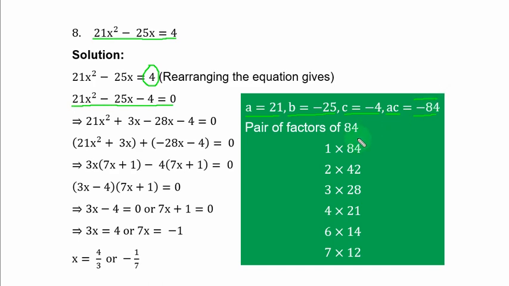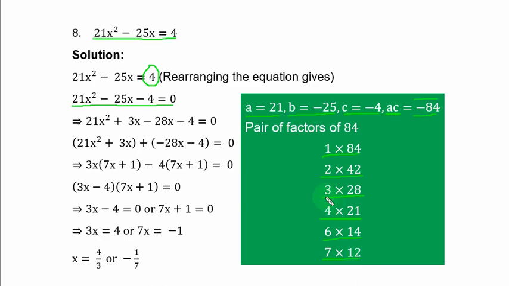The first pair of factor is 1 times 84. The second is 2 times 42. Next is 3 times 28. The next one is 4 times 21, followed by 6 times 14, and the last is 7 times 12.